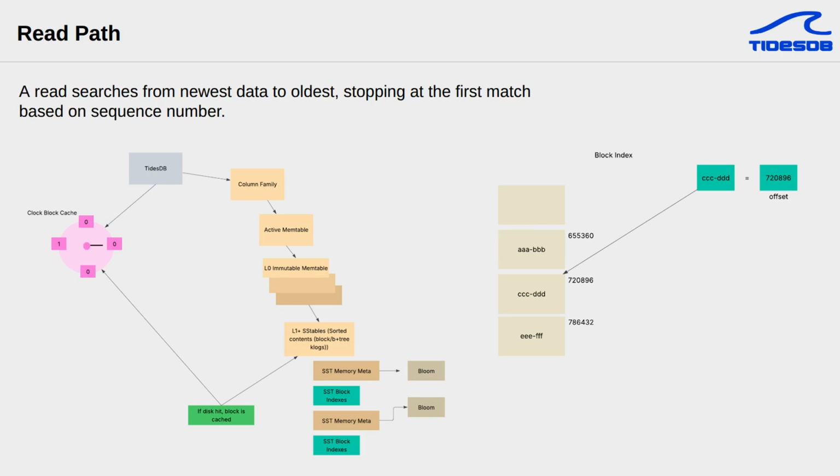But before reading disk, we check the block clock cache, which is a lockless data structure that implements a clock eviction algorithm. It's a partitioned, lock-free clock cache that caches disk blocks and B+ tree nodes.